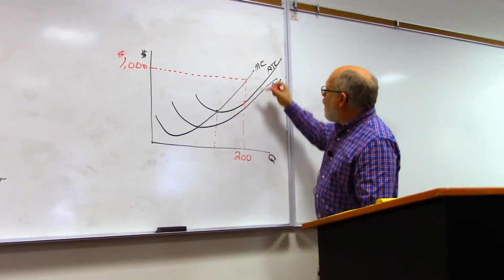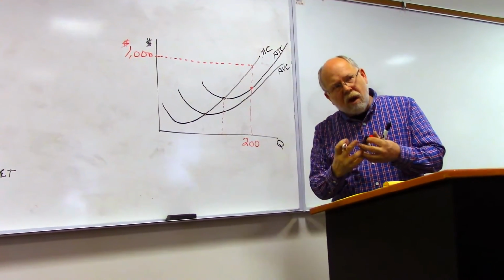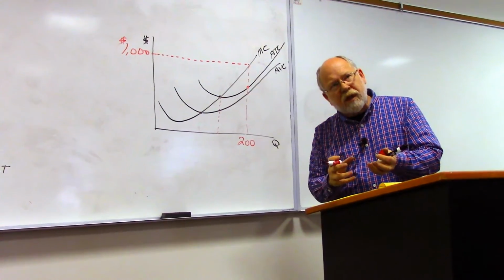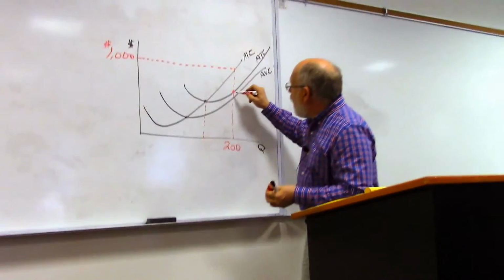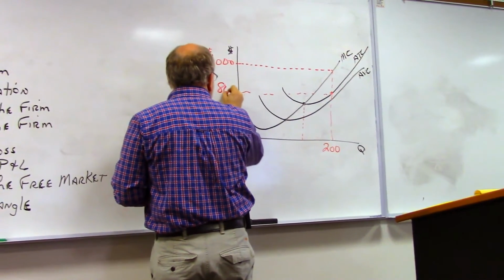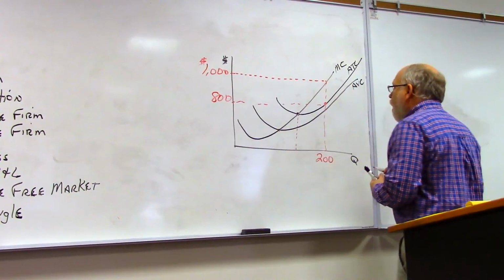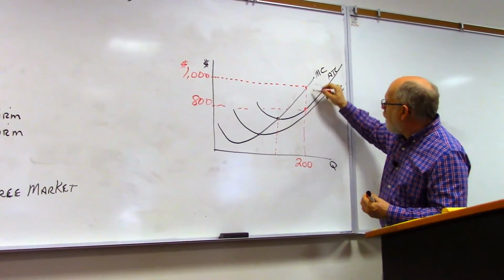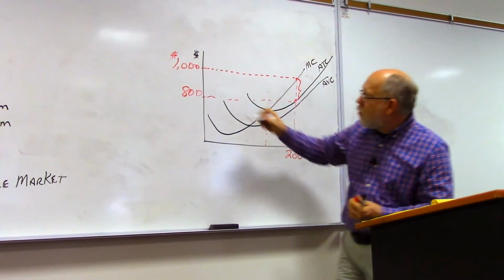So now we say, okay, the price is $1,000. On average, if we take all of our costs, add them all up together, and divide by the quantity, how much does it cost us to make these 200 units? Well, that number, we'll just say, is 800. So what is our profit margin per unit? It would be the difference between 1,000 and 800, so this dimension right here would be $200.